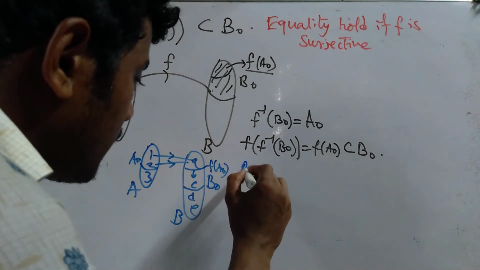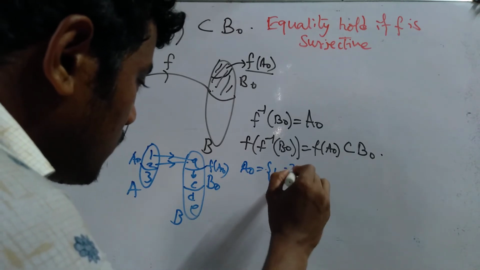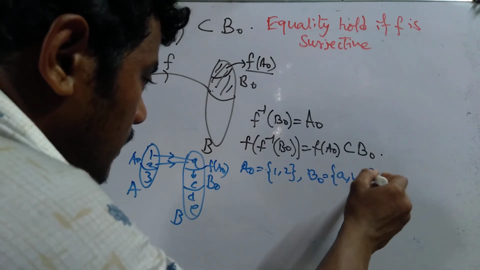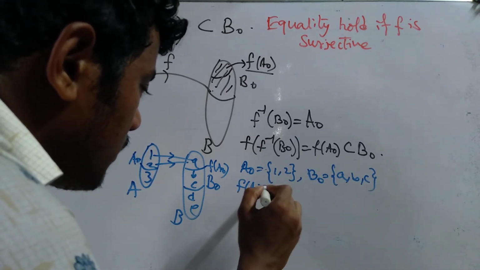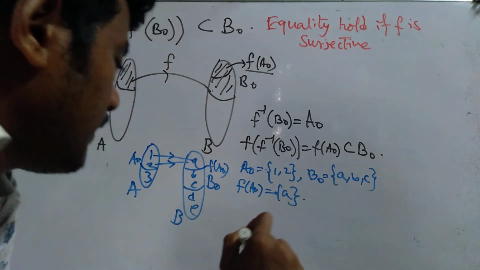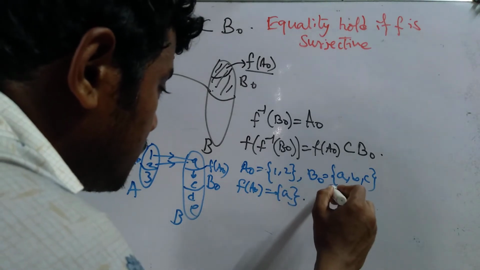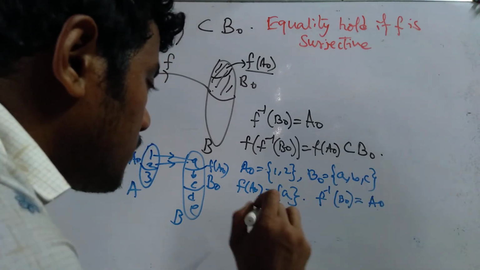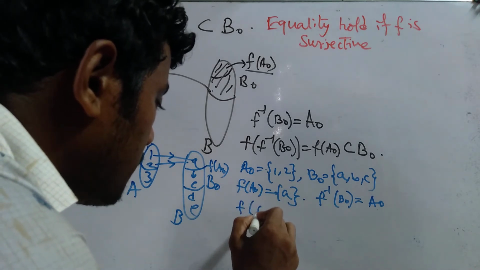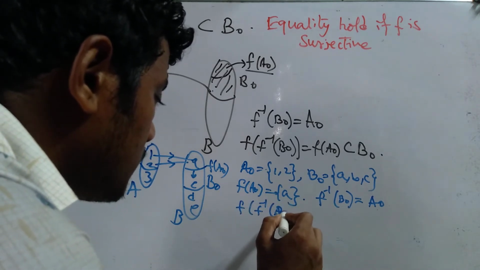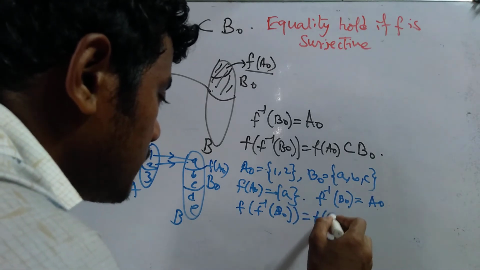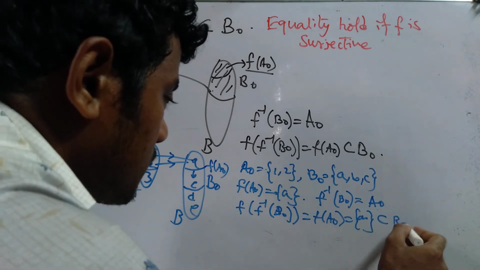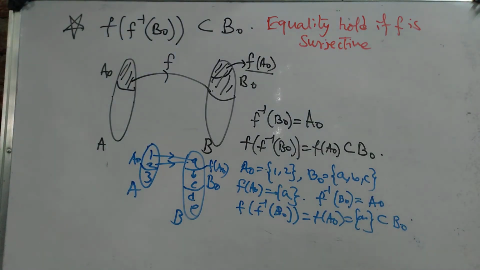We write A0 equals 1, 2, B0 equals A, B, C, and f of A0 equals A. Then f inverse of B0 equals A0. So f of f inverse of B0 equals f of A0 equals A, a subset of B0.